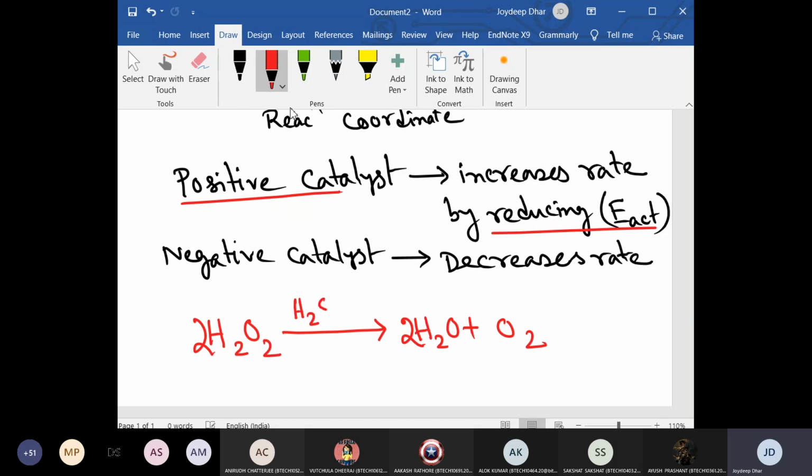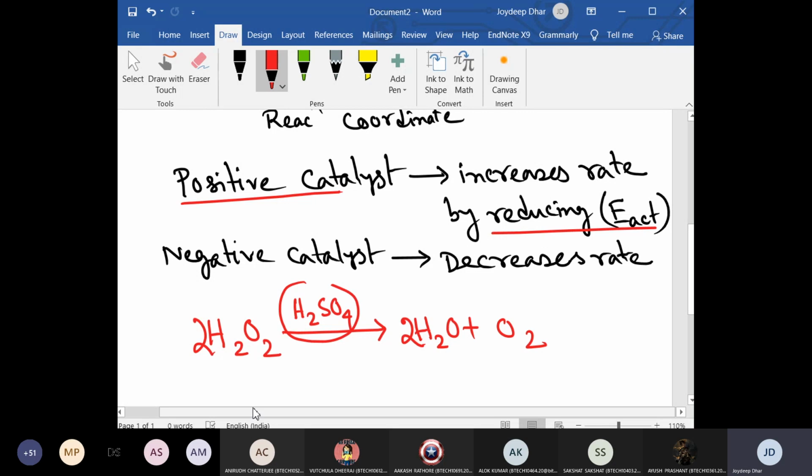I will add some amount of concentrated sulfuric acid. Here, concentrated sulfuric acid, it will make a weak complex formation with the hydrogen peroxide. That, as a result, it will not break down into water and oxygen. Okay, that does not mean that H2SO4 is increasing the activation energy.